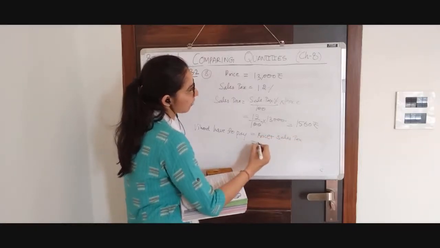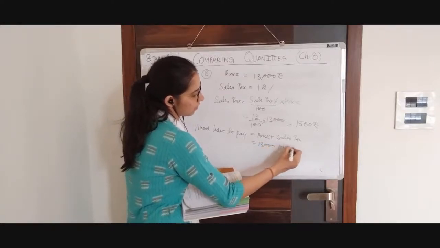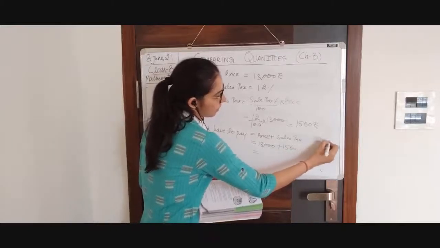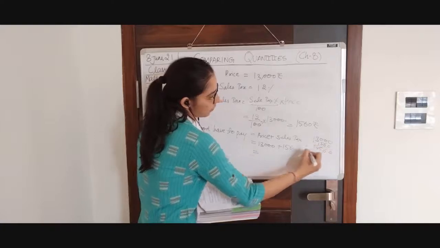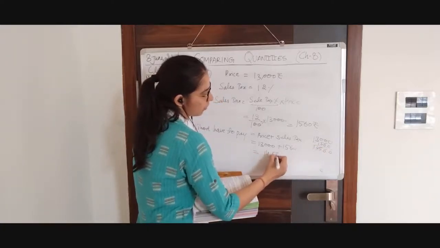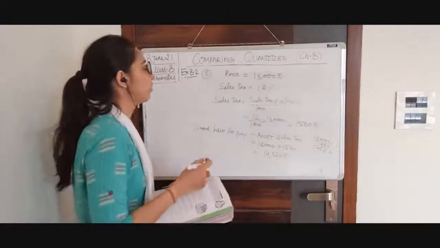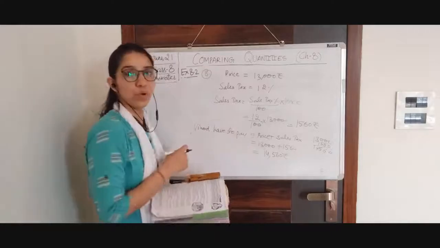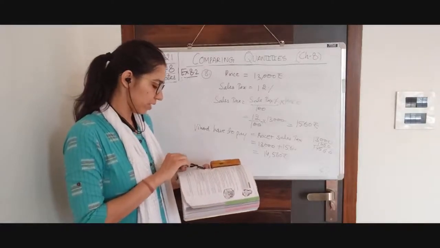It means he has to pay 13,000 plus 1560, that is 14,560 rupees. You found out sales tax in numbers and then you added that number to price to obtain the amount Vinod has to pay.